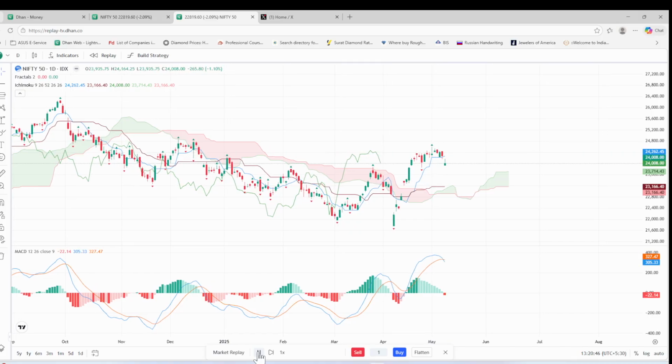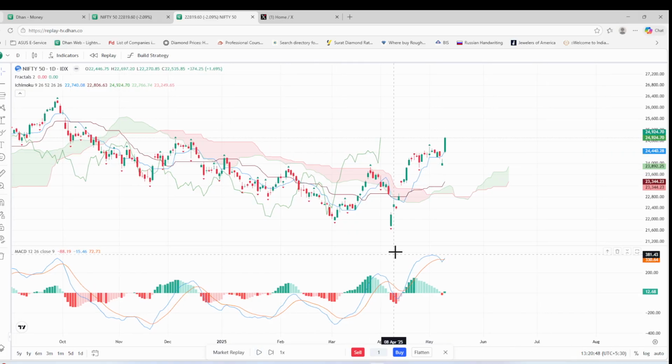We know for sure, okay, this is a cheating. They came here, this came here, this broke the low of this actually, and then it bounced. It's called cheating. At this moment, the Kijun-sen also turned green here, turned upside. So this is called cheating. You can't help it.